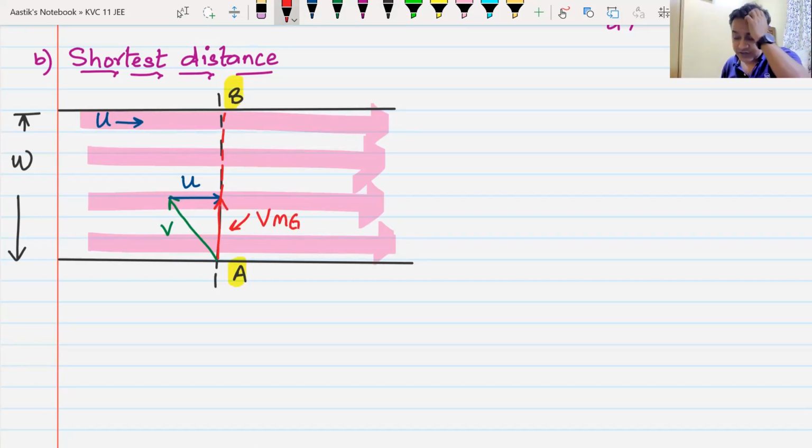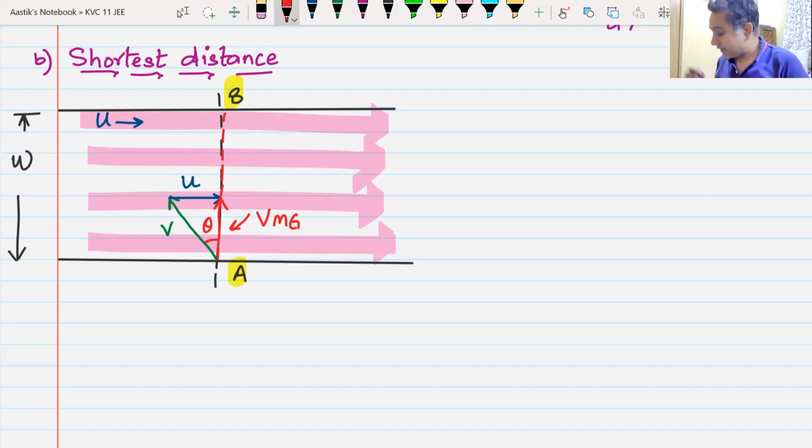If it becomes straight, you will end up at the exact opposite end. Do we understand this? How I am getting at the exact opposite end now? If I move perpendicular like this, I will end up there. So to move in the shortest distance, I move like this. I move at an angle theta.